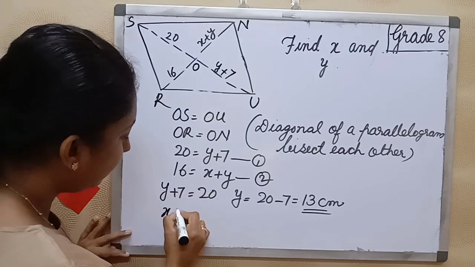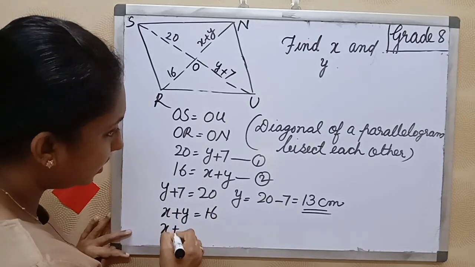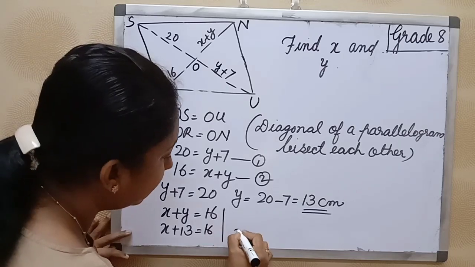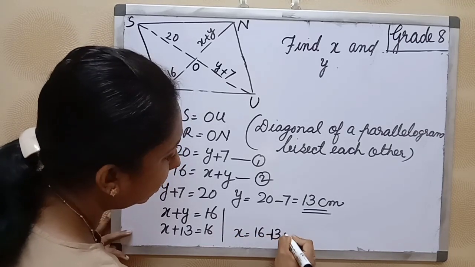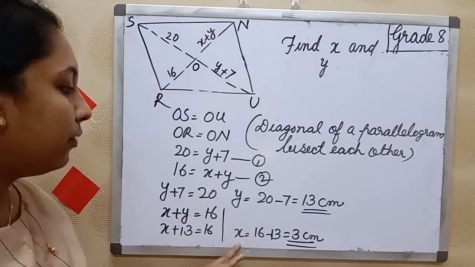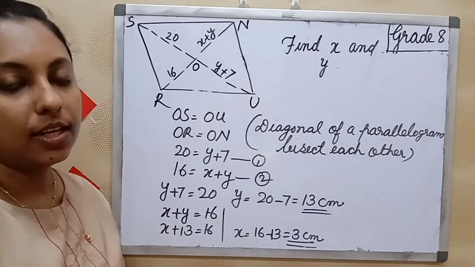X plus Y is equal to 16. X plus 13 is equal to 16. That is X is equal to 16 minus 13, which is 3 centimeters. So the value of X is 3 centimeters and Y is 13 centimeters.